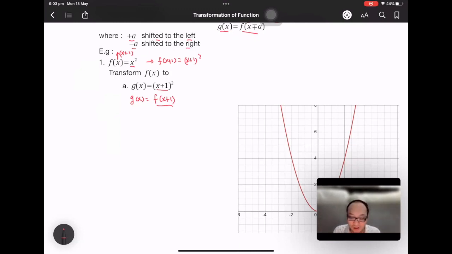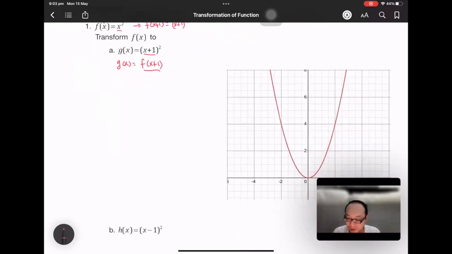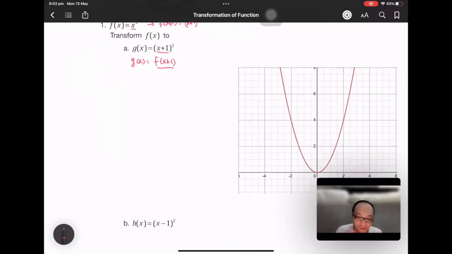Now, if we see from the graph again, f(0) equals 0, f(1) equals 1, f(2) equals 4, and f(negative 1) equals 1.